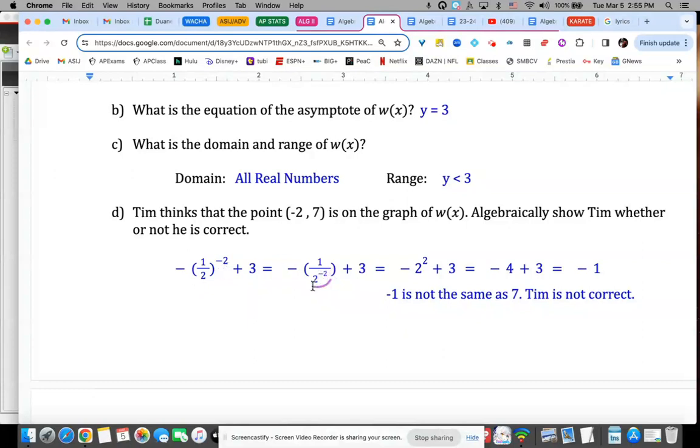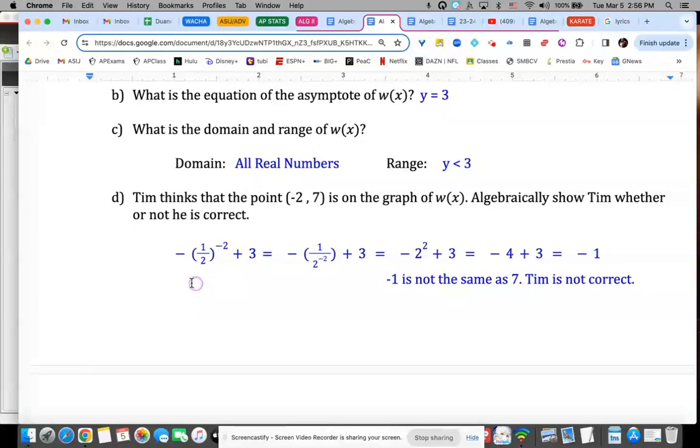So that means that negative 2 applies to the top and bottom, which means this is going to flip. So that flips, 2 gets squared, becoming 4. And that negative that was sitting out there is just waiting for you to finish so that you can make it a negative 4. Okay, and then we have the plus 3 is the last thing we would do to get negative 1.